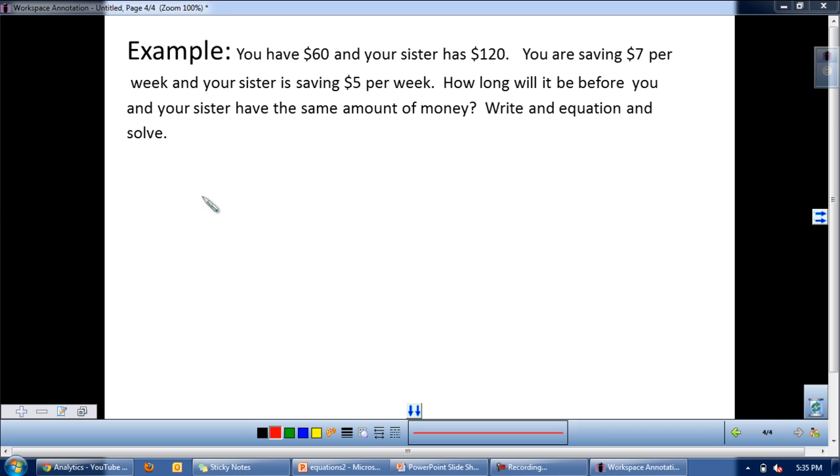Alright, well, let's figure out what we're trying to find. How long will it be before you and your sister have the same amount of money? Since the time we are talking about is weeks, we need to figure out the number of weeks.